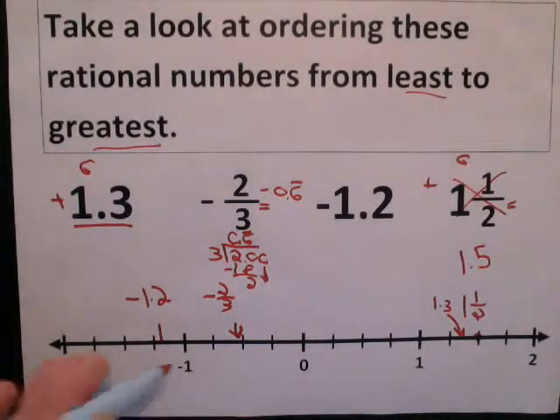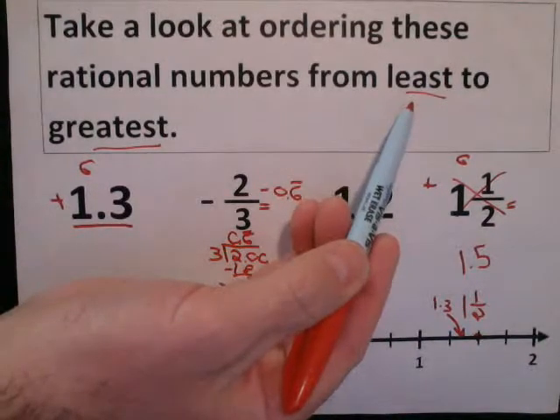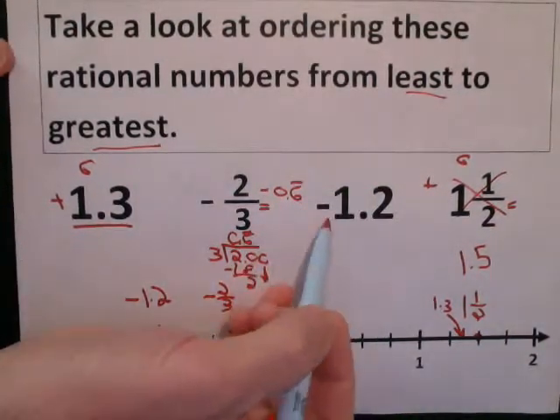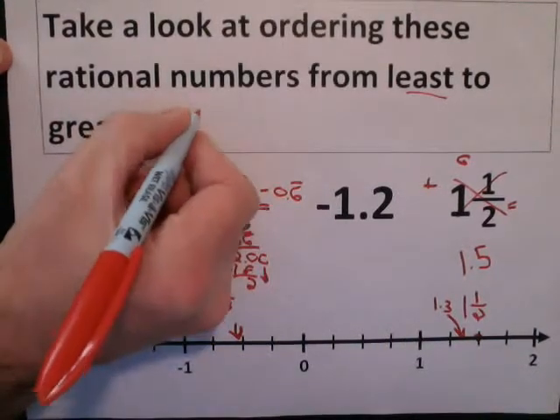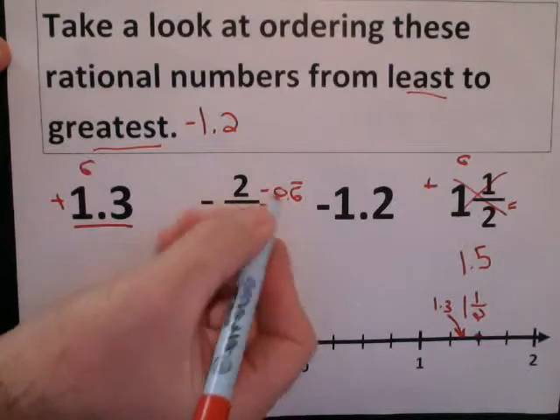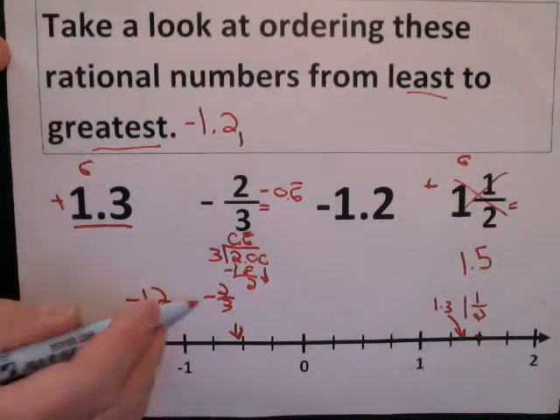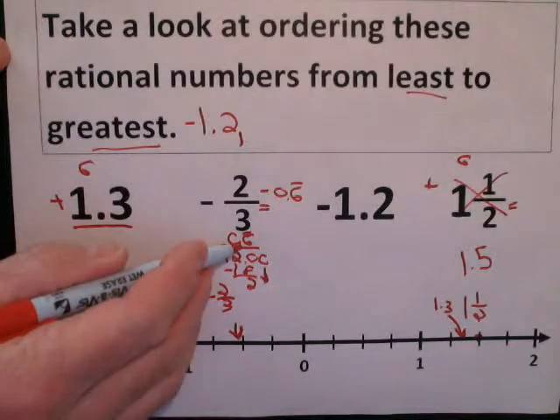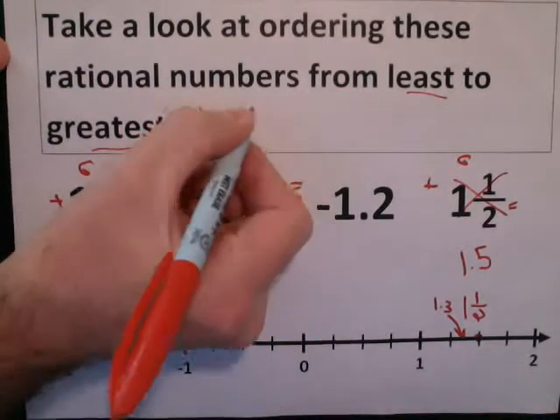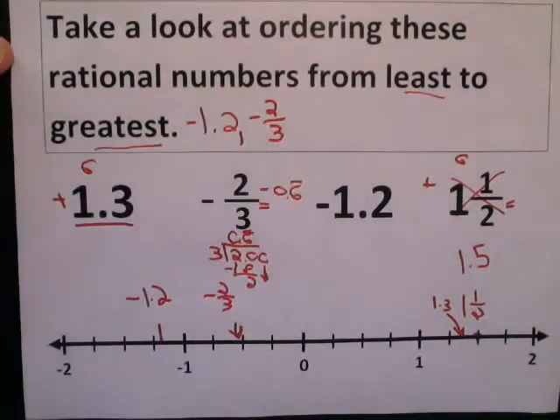And so now we can order these from least to greatest. And we can say our lowest number is going to be negative 1 2/10. Negative 1 2/10 is our lower number, because it's all the way down here, it has 1 whole unit. This doesn't have a whole unit, it's a decimal. So then we would have negative 2/3.